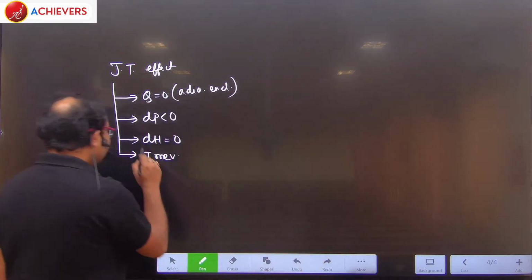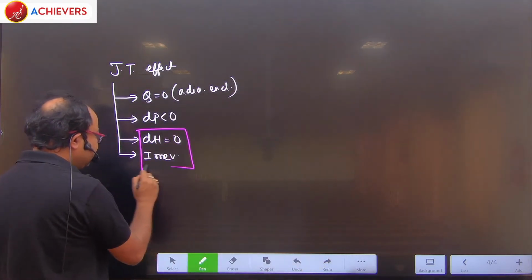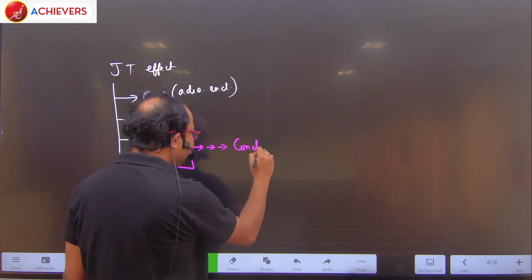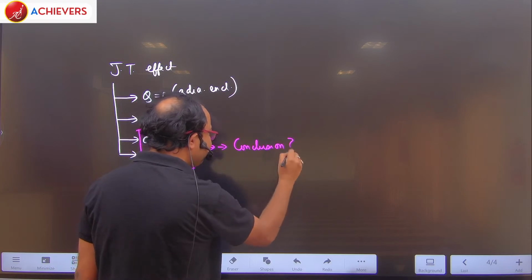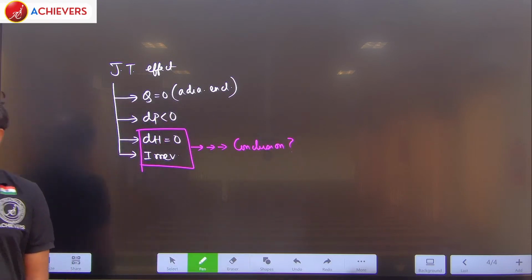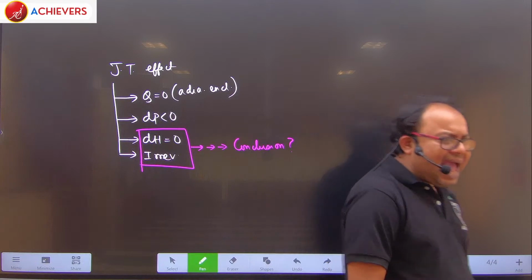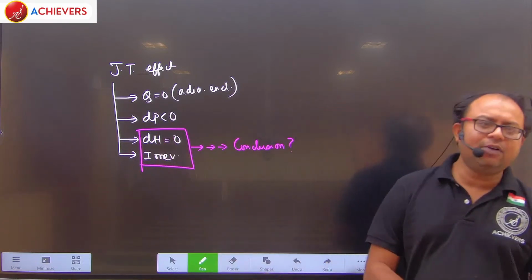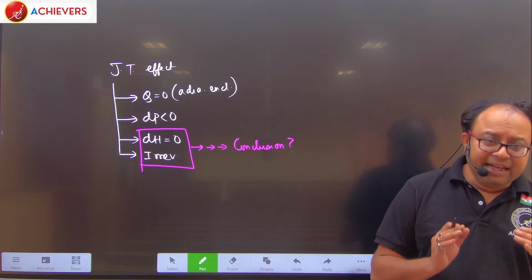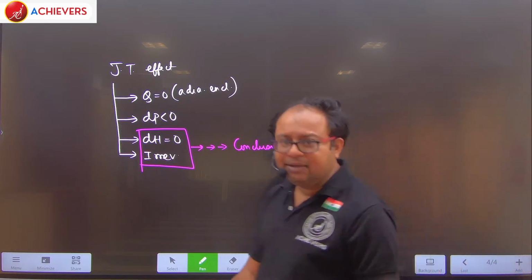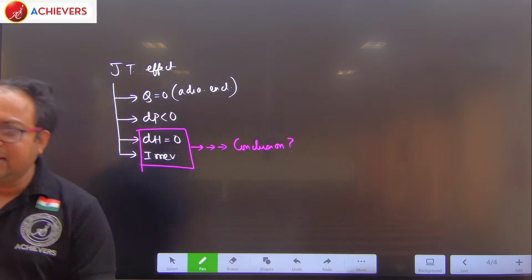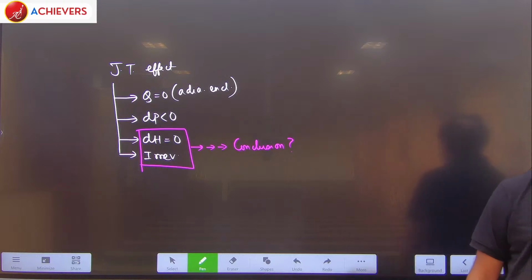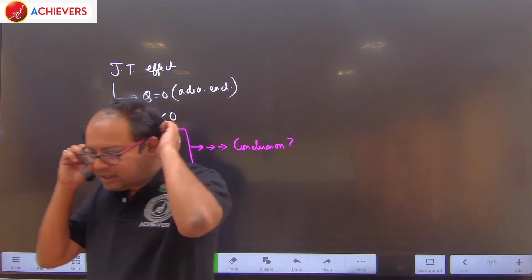Now, these two conditions will lead to a very important conclusion. Apparently, we see that dH is equal to 0. If dH is equal to 0, then the process apparently seems to be an isoenthalpic process.